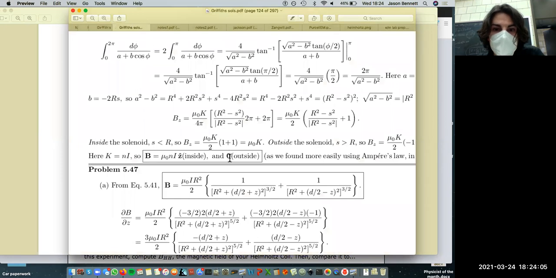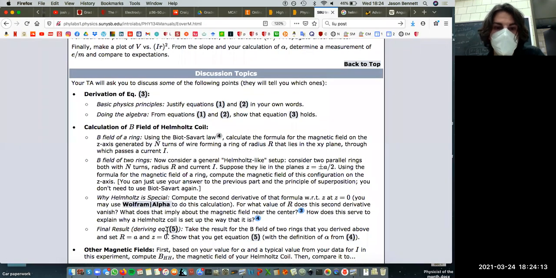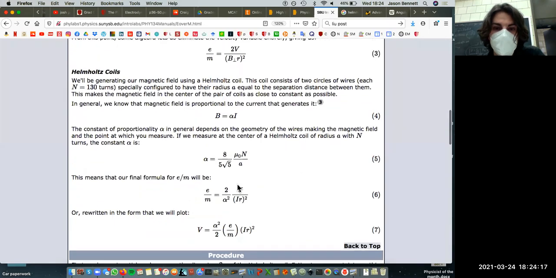And so this is the equation that you would end up with for 2 loops, and the objective of the discussion question is to derive this alpha equation. So this alpha equation arises from the fact that the generic 2-loop Biot-Savart law, if you plug in that one ring is at half a radius up, one ring is at half a radius down, so the distance between them is the radius, this is the expression you get.